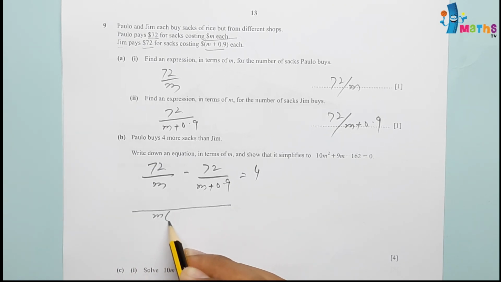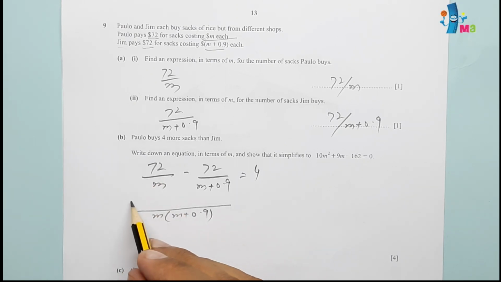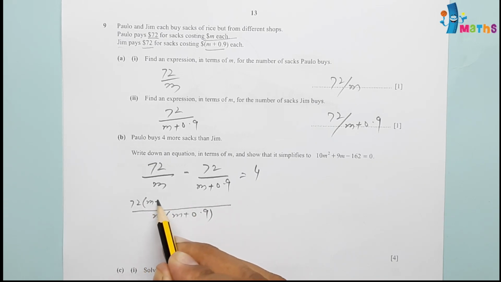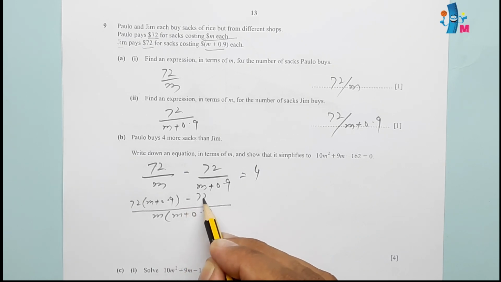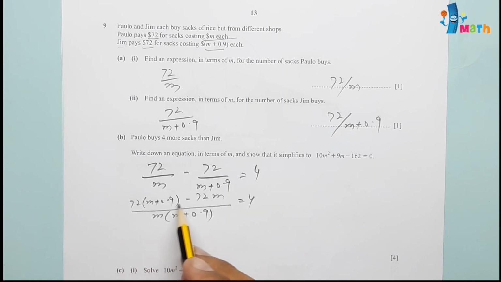So m into m plus 0.9. So this will be 72 multiplied by this one, m plus 0.9, and minus 72m will be equal to 4. Now we can open the bracket and cross multiply as well.